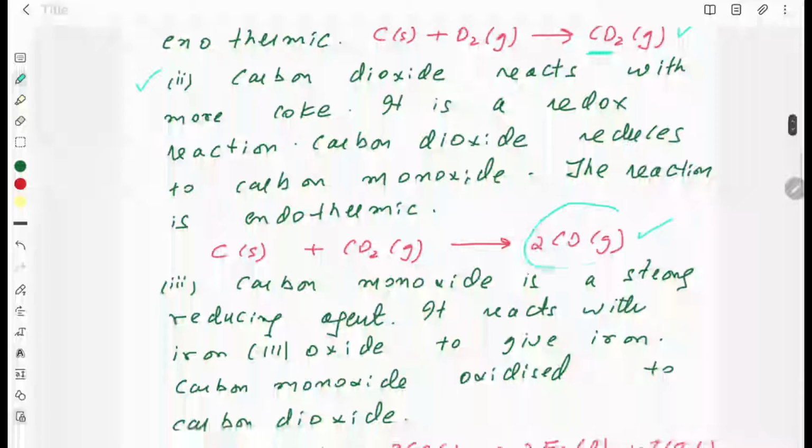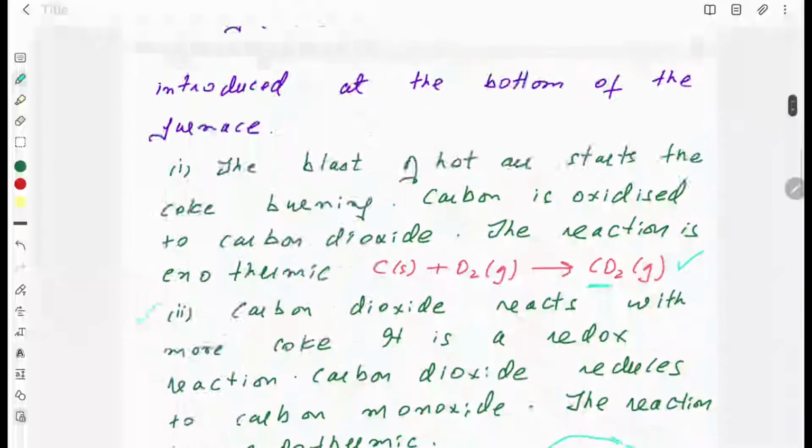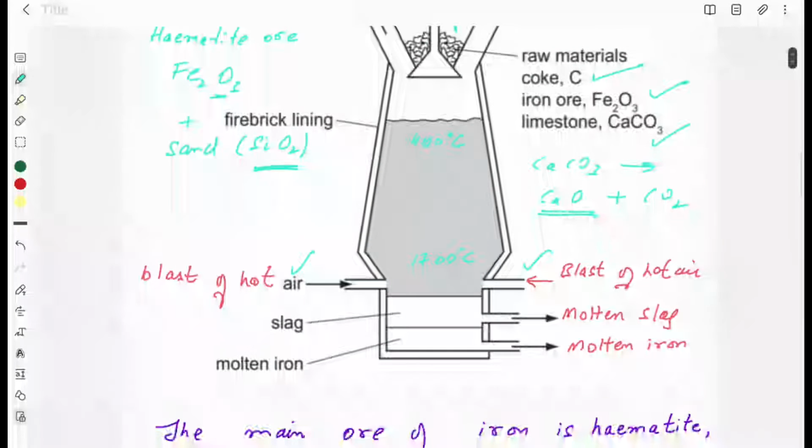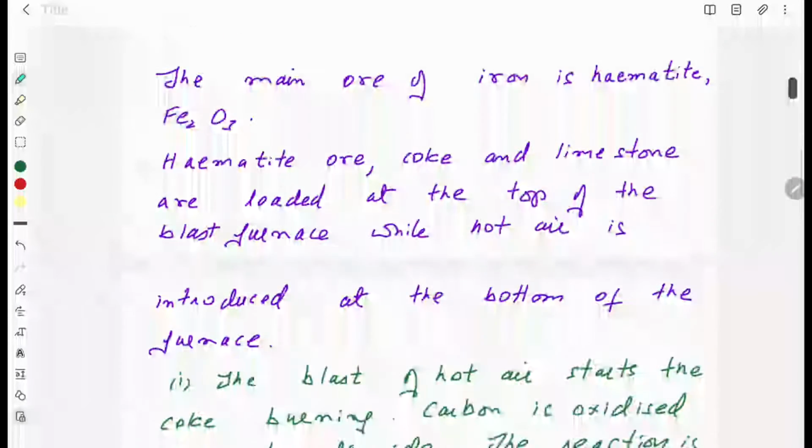Carbon monoxide produced is a strong reducing agent, and if you look at the formula of hematite ore, it is Fe2O3. So carbon monoxide reacts with this oxygen and you get iron extracted from there.